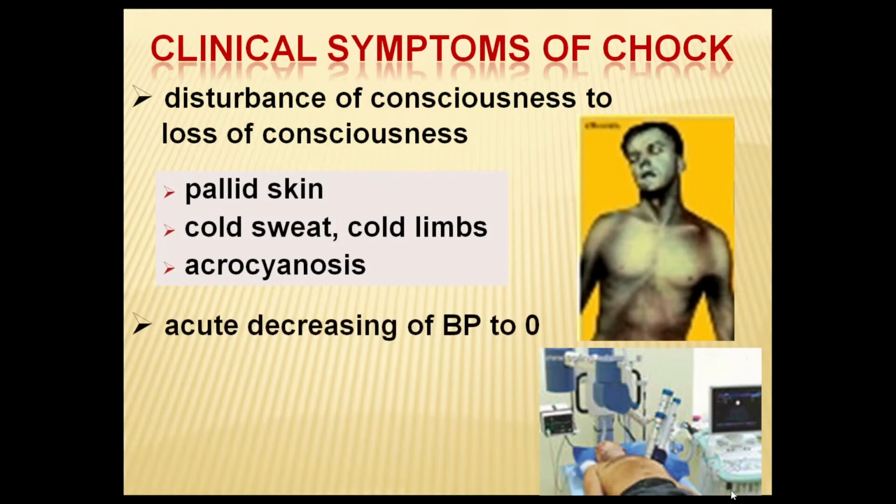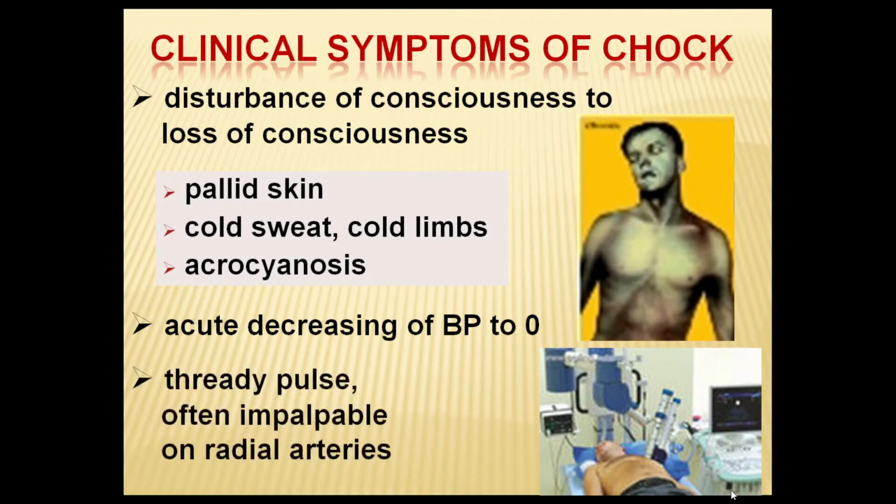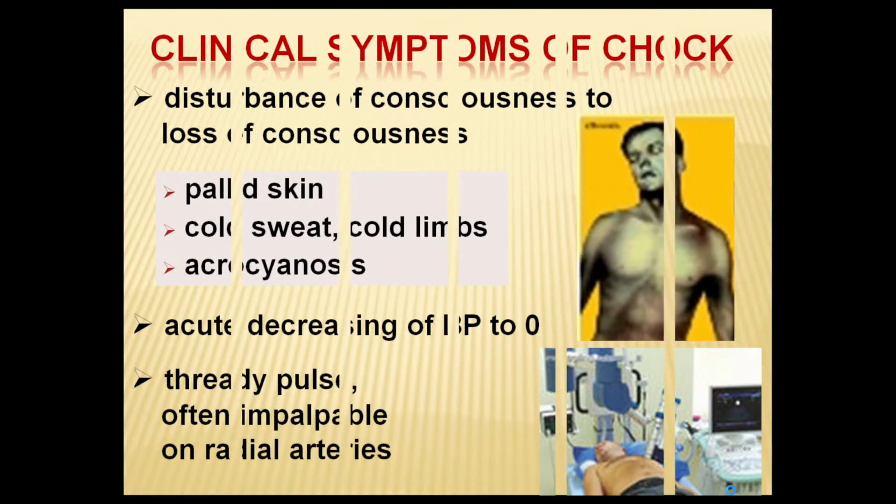An objective sign is a significant and short-time decrease in blood pressure. Sometimes it's undeterminable. As a result, the pulse is very difficult to palpate, and we especially palpate the pulse on the carotid artery. We remember, we use the carotid artery in an acute situation for examination of the pulse.